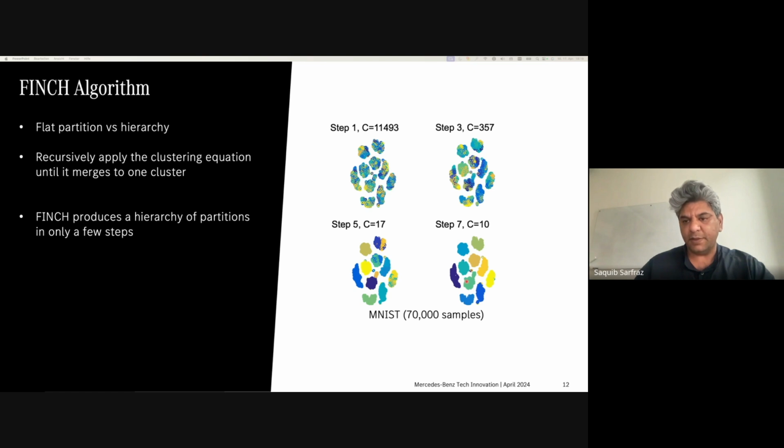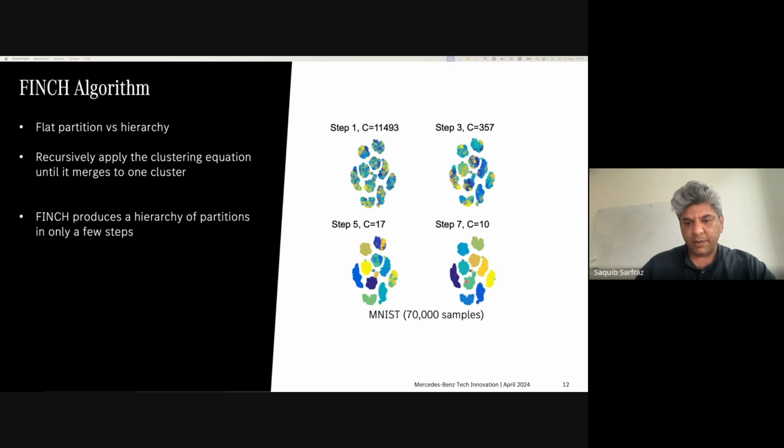And this is very useful because it enables us to have a hierarchy of clusters and greatly aids in data analysis. So because the clustering equation makes large merges, applying it recursively naturally converges in only few steps, providing a small set of hierarchical partitions where each partition would have some number of clusters in them.